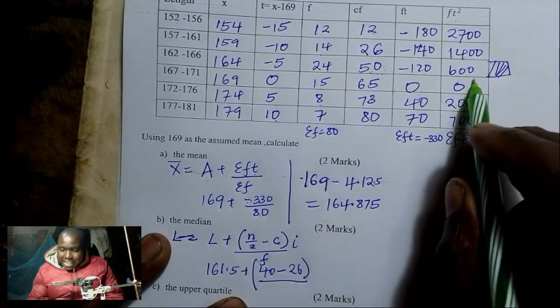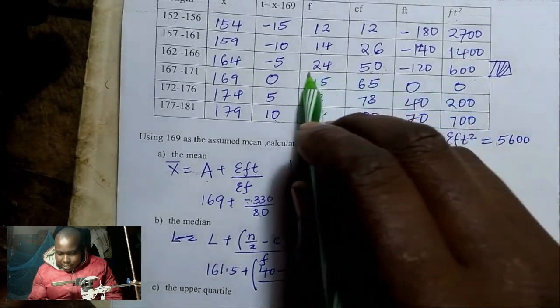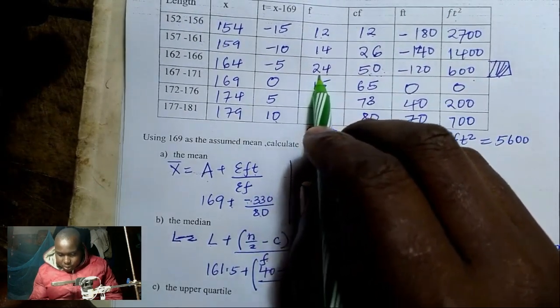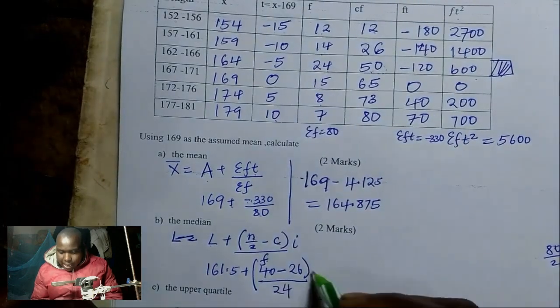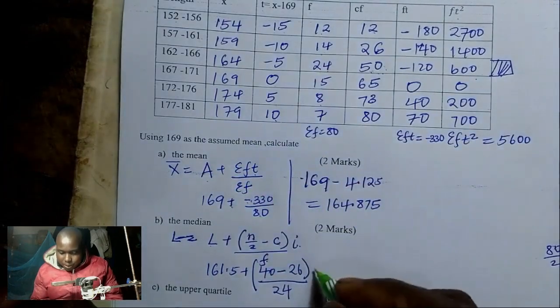F is the frequency in that class. The frequency in the class is 24. So you divide by 24, and then times I. I is the class interval. Our class interval is 5, so times 5.